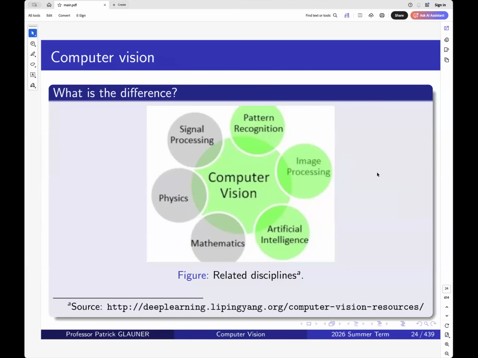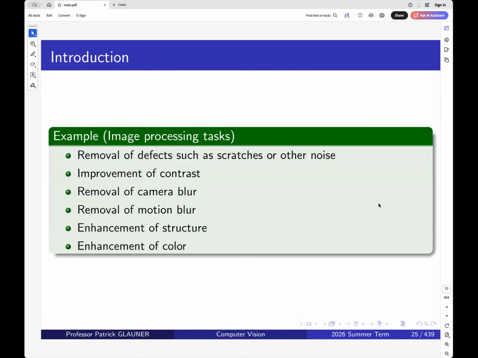So from my personal interpretation, image processing is needed for computer vision, but computer vision is more than just image processing. If you talk to someone different, they may give you a different definition, but those terms and their intersection and differences are only loosely defined. But that's how I would personally interpret this Venn diagram here.